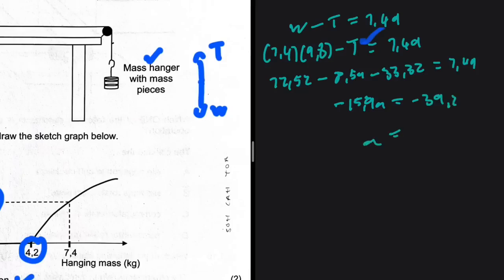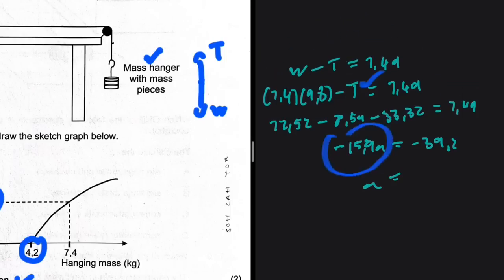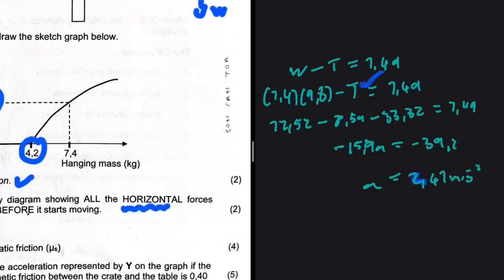So the acceleration is equal to minus 39.2 divided by minus 8.5 minus 7.4. I'm not sure what I wrote there anymore because it's not clear. So the acceleration that I'm getting is 2.47 meters per second squared. That is the answer to 2.3.2.